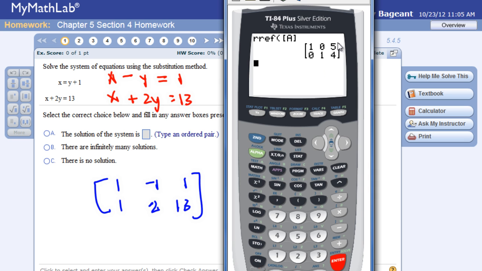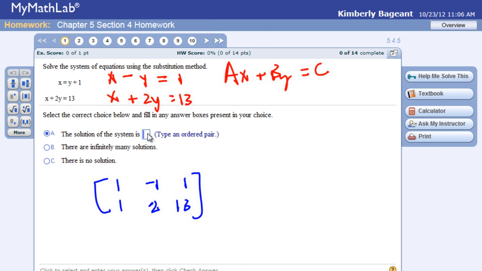Here's your answer. The solution is this ordered pair here, where x is 5 and y is 4. So our solution is 5, 4.